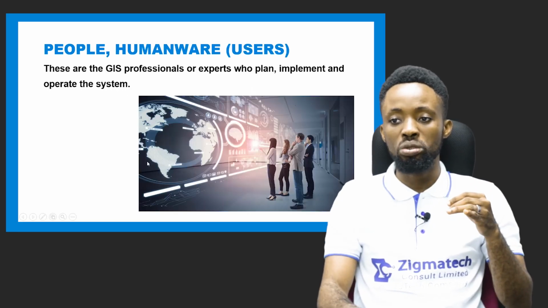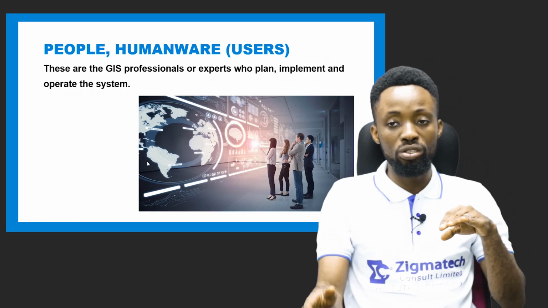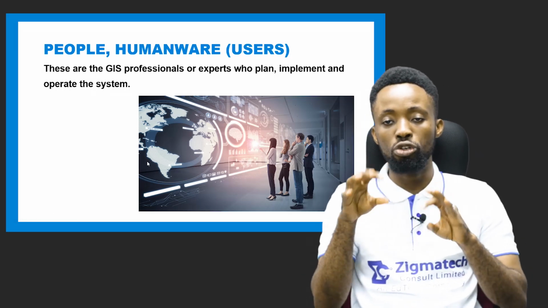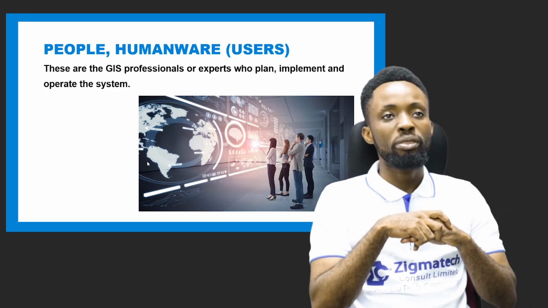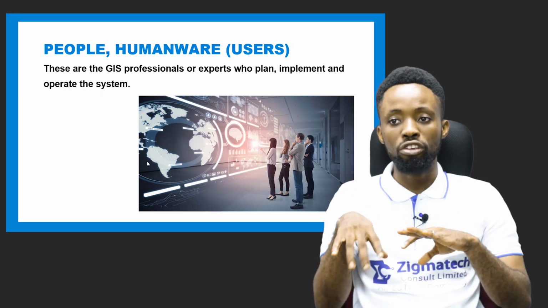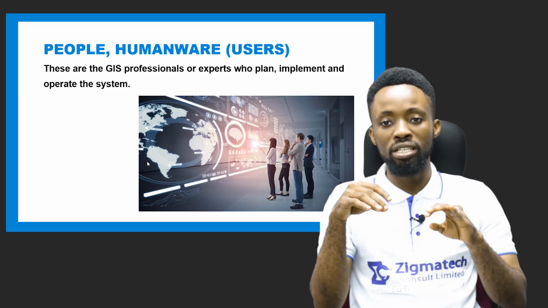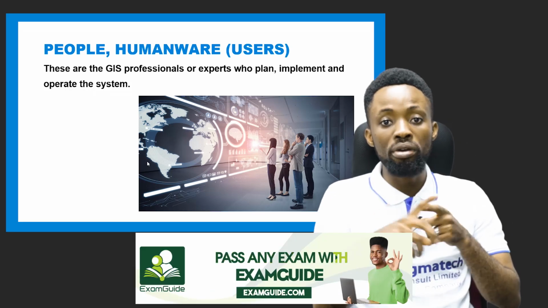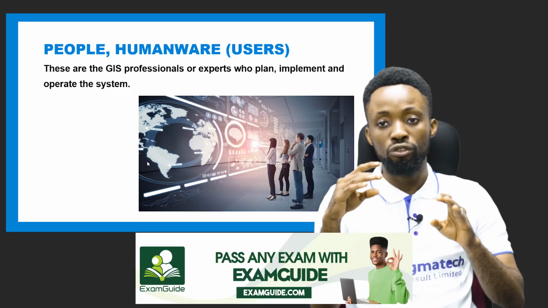Then we go over to the next component of GIS, which is called the people, or the humanware, or the users. This component of GIS refers to the professionals or experts who plan, implement, and operate the GIS system.